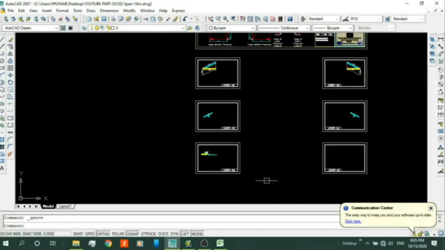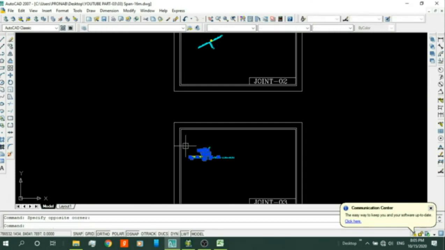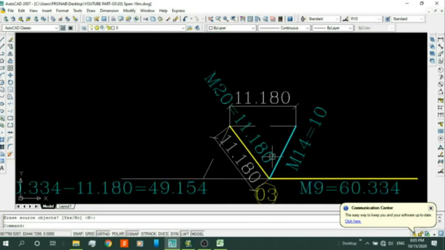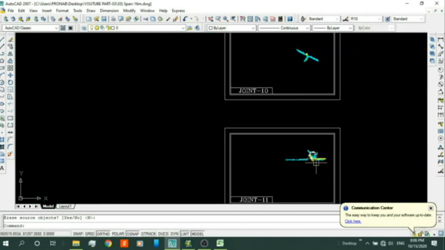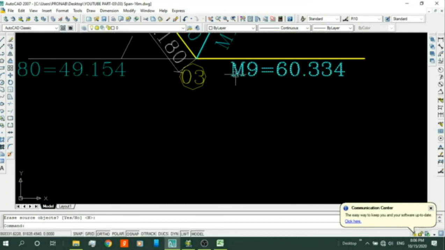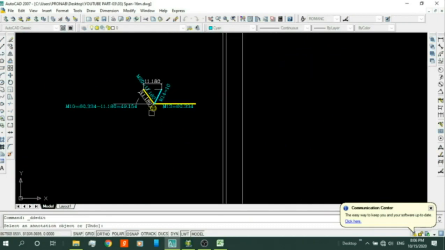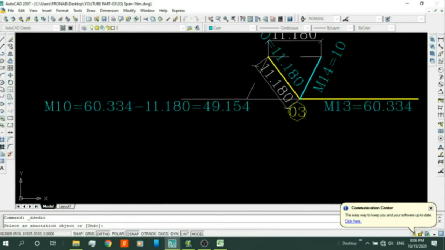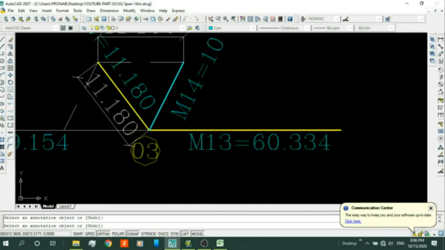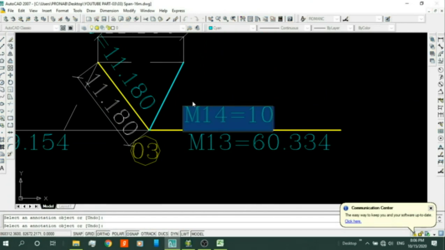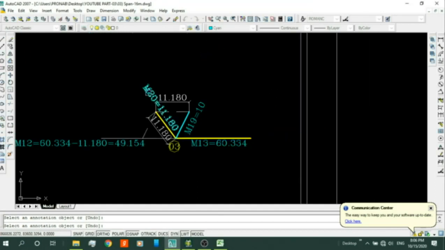So we are just mirroring this image and changing the member numbers: 13, 12, 19, and 23.